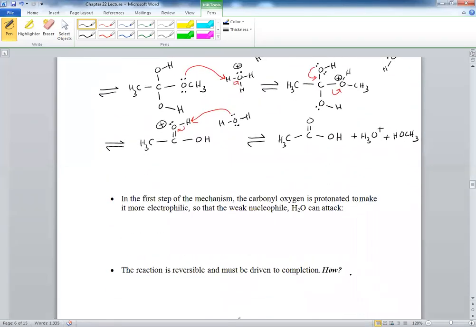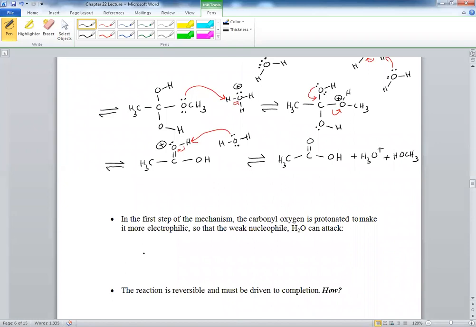Recall that the protonated carbonyl is more electrophilic than the unprotonated ester, or the carbonyl group.